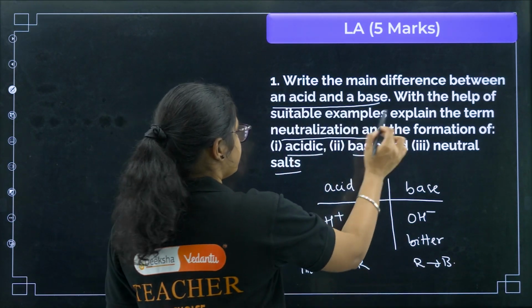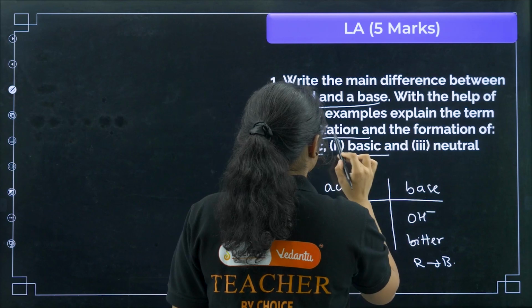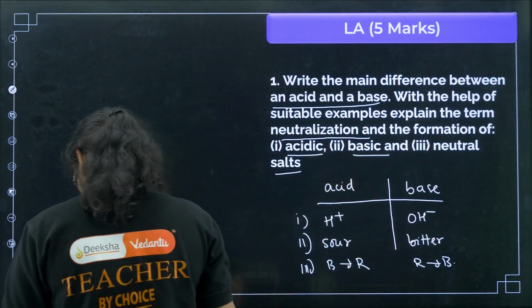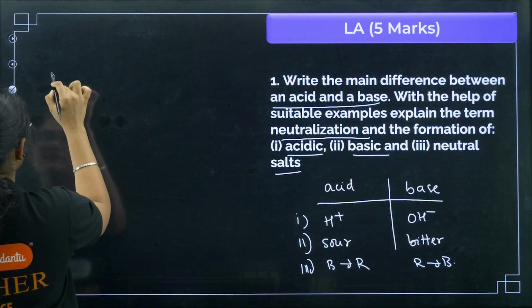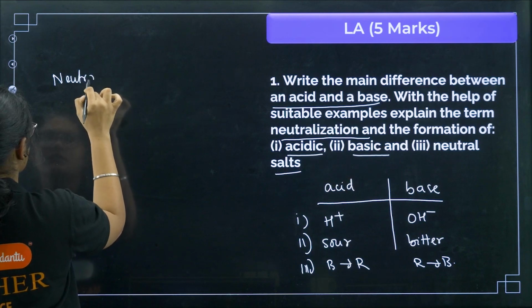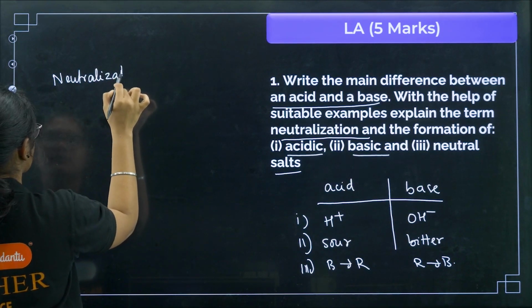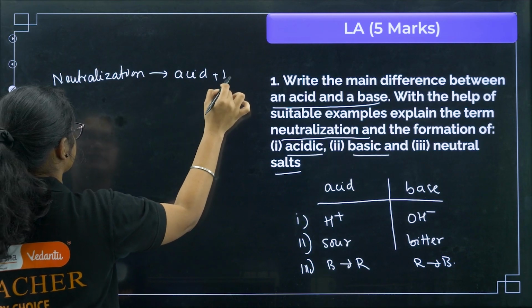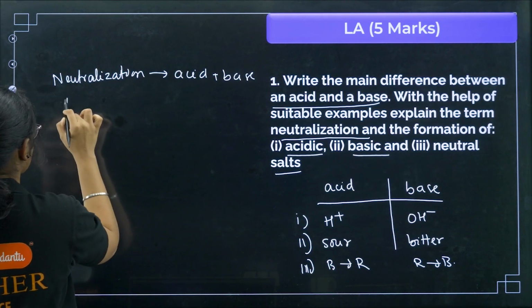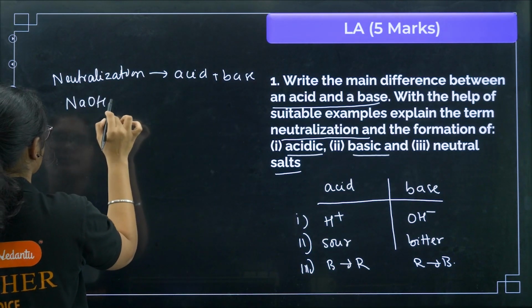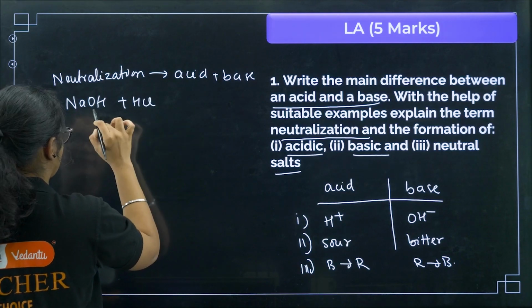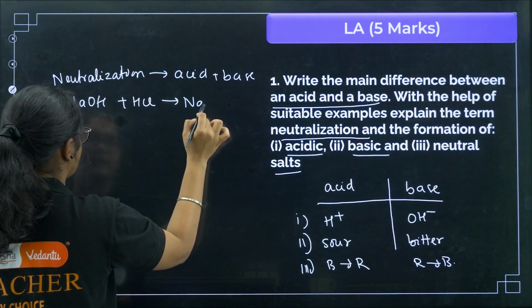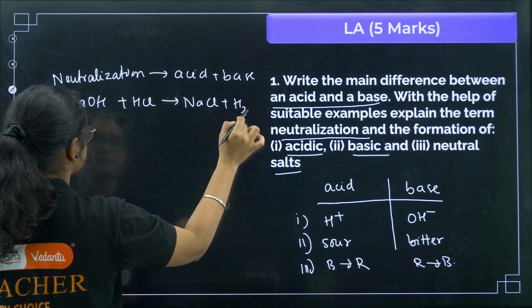With the help of suitable examples, explain the term neutralization. So what is neutralization? Neutralization is the reaction between acid plus base. You can give an example like NaOH plus HCl. This is a base, this is acid, will be NaCl plus water.